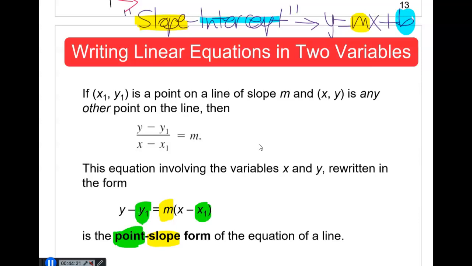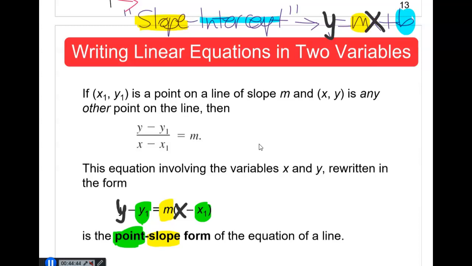Now, the x here without a subscript and the y without a subscript, those need to remain there because we want to have two variables just like we do in the slope-intercept form. We want to have two.